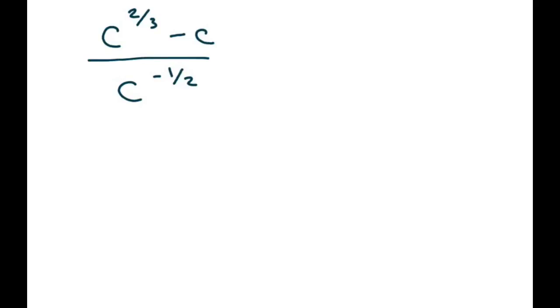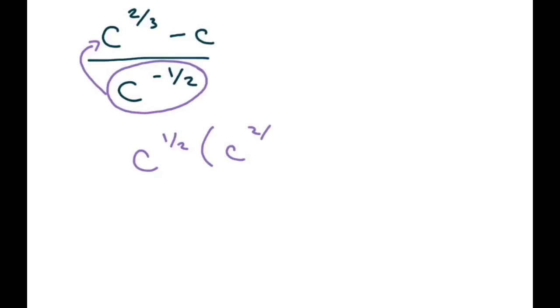Okay, for this one, I'm going to go ahead and bring it up here, and get rid of the negative exponent. That's c to the 1/2 times c to the 2/3 minus c to the, I'm going to put 1st power.